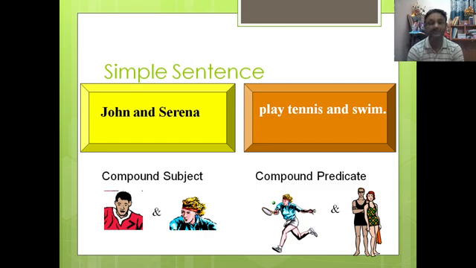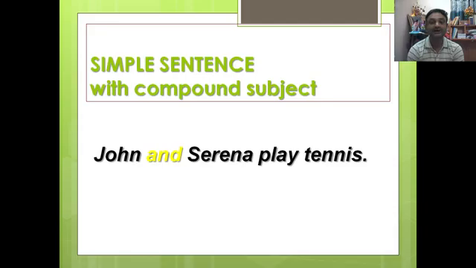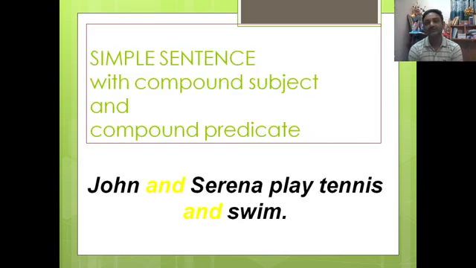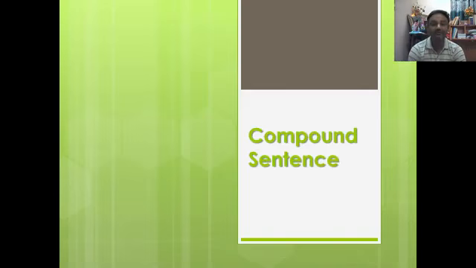So compound predicate. Now the simple sentence with compound subject looks like John and Serena play tennis. The simple sentence with compound subject and compound predicate, as we have seen in the previous slides: John and Serena play tennis and swim.